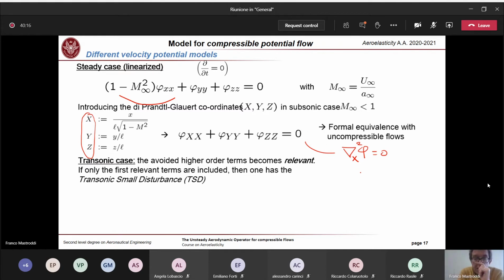However, if you have a linearized steady compressible flow, this flow is identical to an incompressible flow, but you have just to change coordinate.